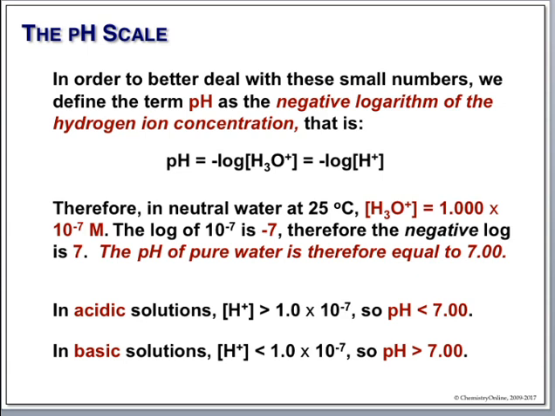To get the pH, you change the sign to this minus log. Therefore, that's pH 7. If we have more hydronium, it's acidic, the pH is smaller. If we have less hydronium, it's basic, and the pH is larger.